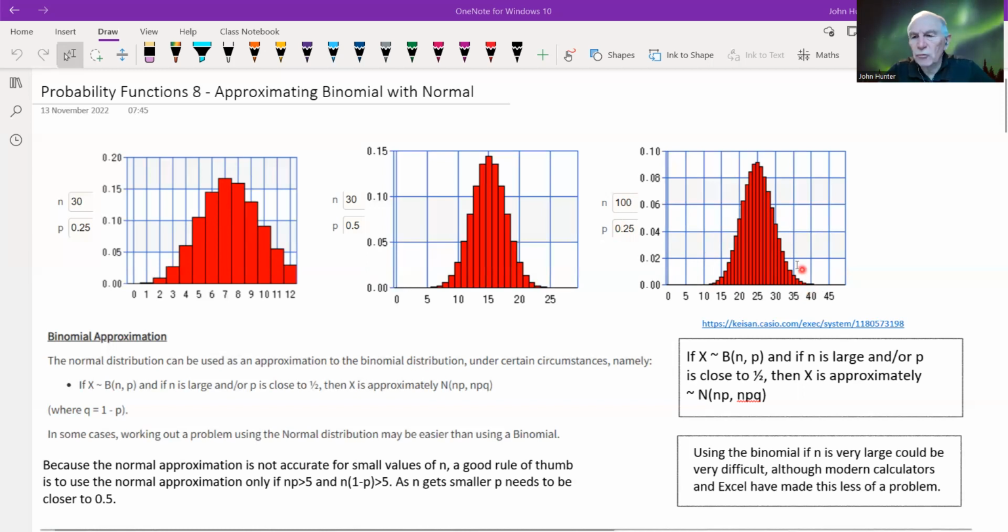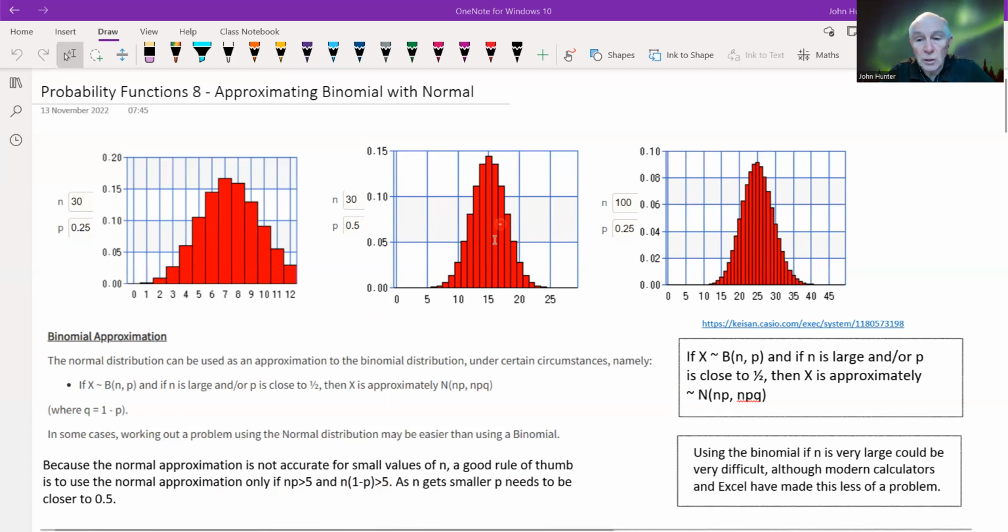There are a few different rules as to when you should be able to apply this approximation. I think this is a reasonable one: if n times p is greater than 5 and also n times 1 minus p is greater than 5, then that would meet the criteria. Clearly, as n gets bigger and p gets closer to 0.5, the approximation becomes better and better.